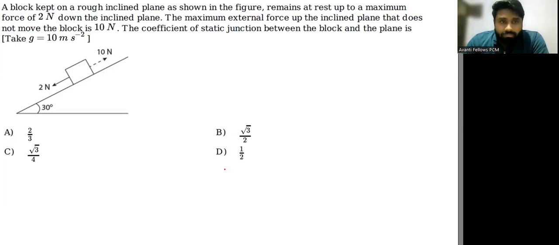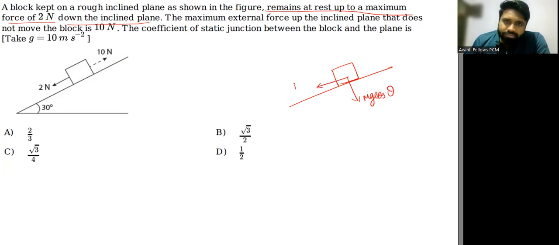To keep the block in this line, the block will remain at rest up to a maximum force of 2 Newton down the inclined plane. Okay. So if I draw the FBD of this block, there is a force of mg cos theta and this is the force of mg sin theta. Along with mg sin theta trying to pull this block downward, the friction will act upward.